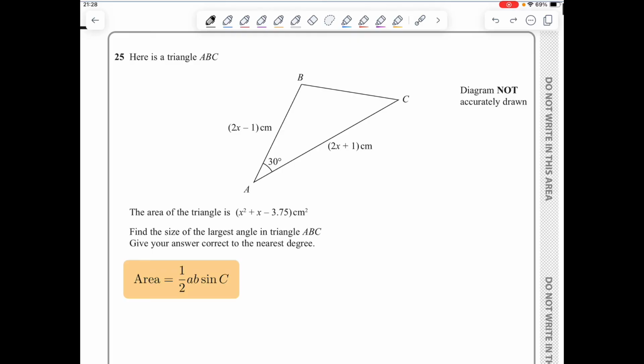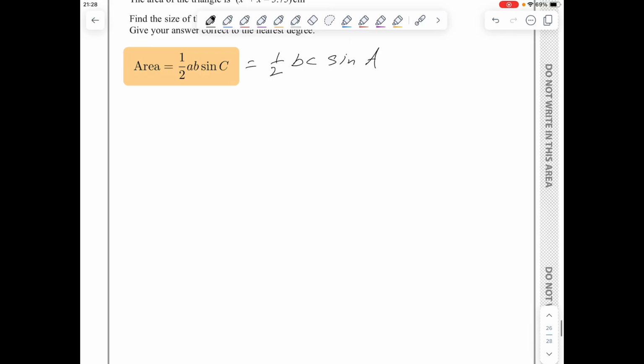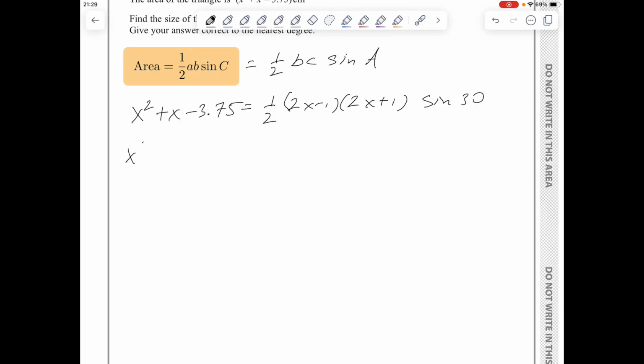But because I'll be using angle A, I'll change this formula to a half of BC sine of A. So let's substitute what we know in the formula. x squared plus x minus 3.75 equals a half, 2x minus 1 times 2x plus 1 sine of 30.